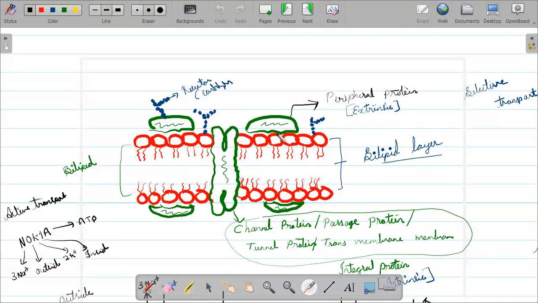That will not get opened. So they have to be dynamic. When everything is solidified, proteins cannot do their activity. If the bilipid layer is not active, it will become rigid and strong like wood. Then how can the molecules pass through? It's not possible, right?